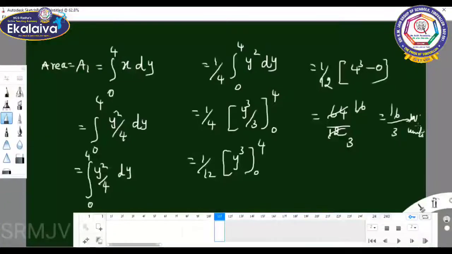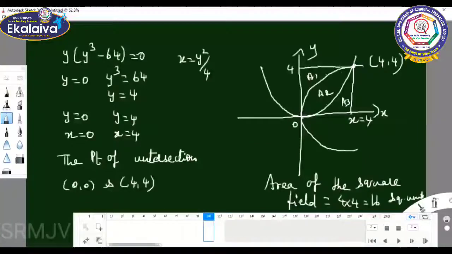So the first area A1 equals the integral of x into dy, because the area is like this, and the x value is y square by 4.